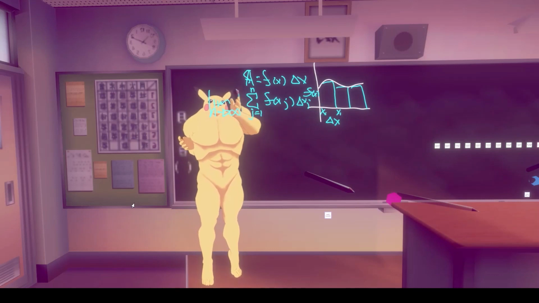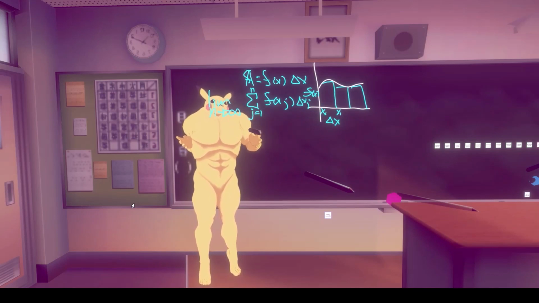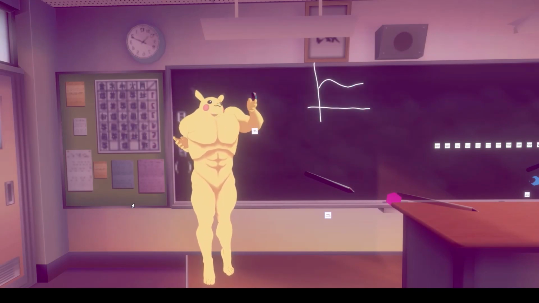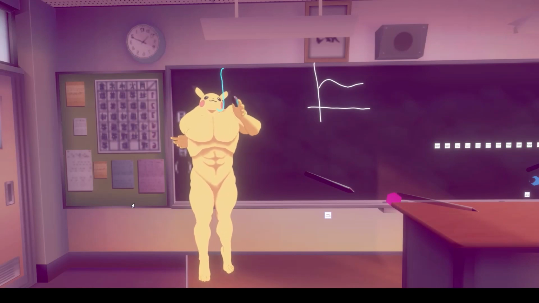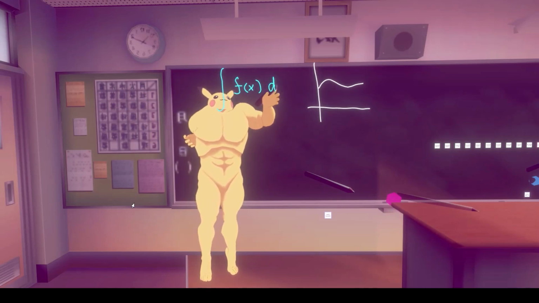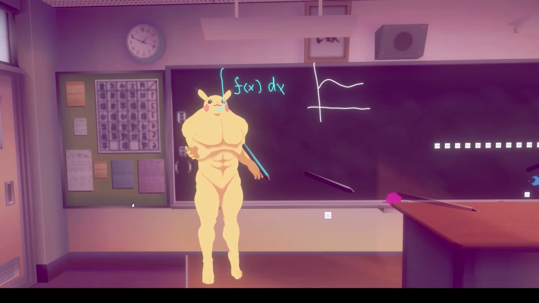However, we have a tool for this when we take the limit of a sum, and that is called an integral. So let's rewrite it as the integral of f of x. And instead of delta x, since it's a change in the x, let's write it as dx.